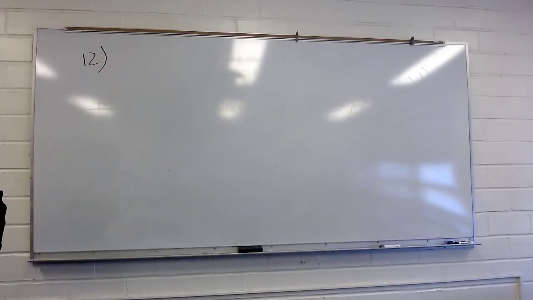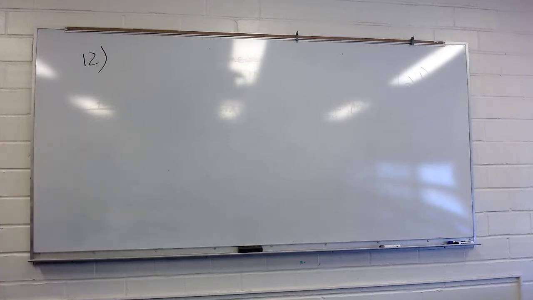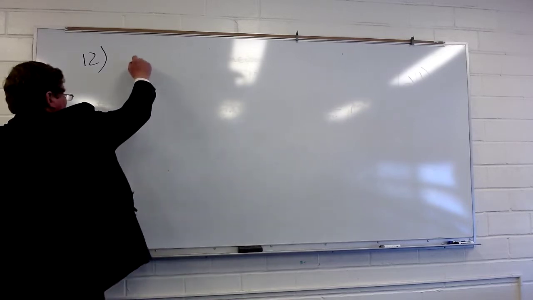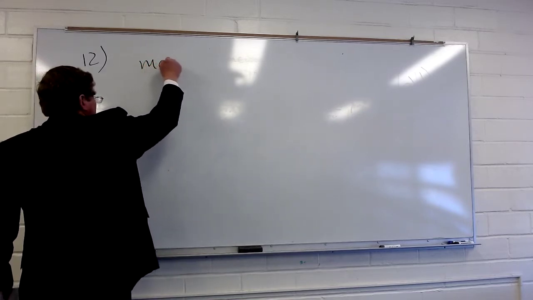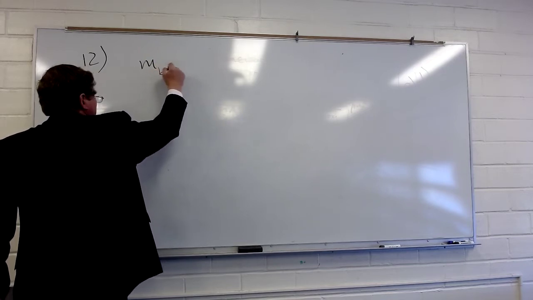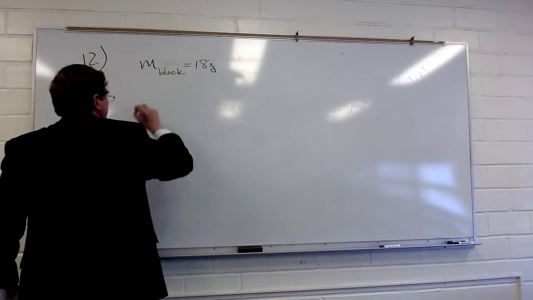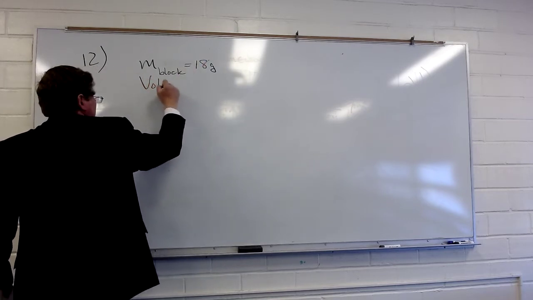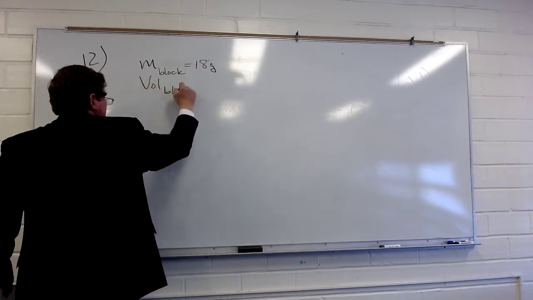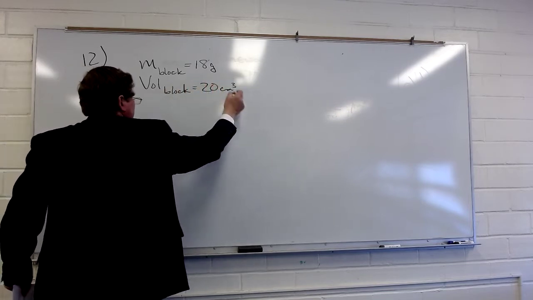Okay, in problem 12, we are told that we have a block of unknown material, and the mass of that block, let's just write it as M, is 18 grams. And the volume of that block is 20 centimeters cubed.